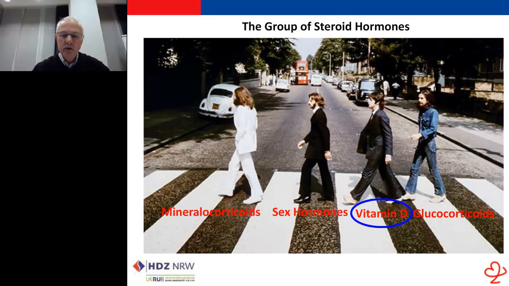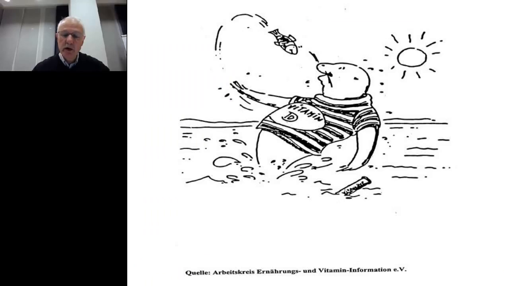The group of steroid hormones consists of 4 members, and vitamin D is one of these 4 members. As you probably know, there are 2 vitamin D sources for humans: vitamin D synthesis in the skin after UVB exposure and oral vitamin D intake.